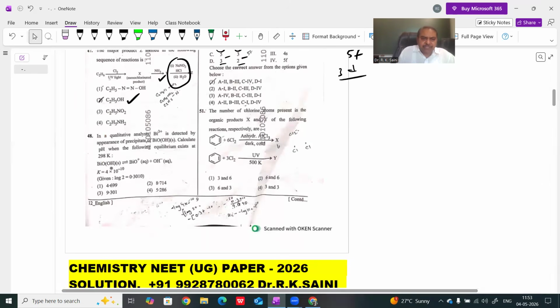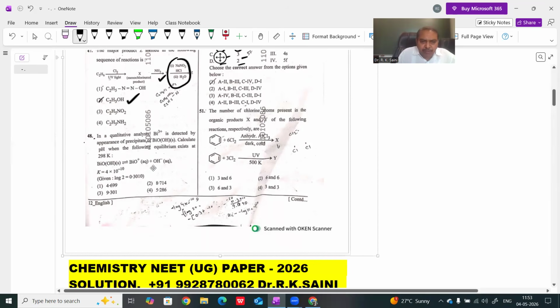First, we discuss question 48. Important question. This question is taken from ionic equilibrium, particularly Ksp. In qualitative analysis of Bi3+, it is detected by the precipitation of bismuth oxo hydroxide, a white precipitate. Calculate the pH of the following equilibrium. Check the question.